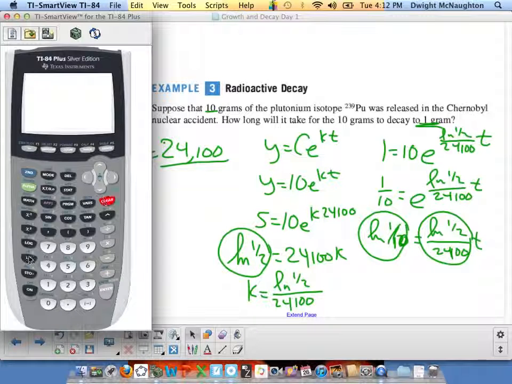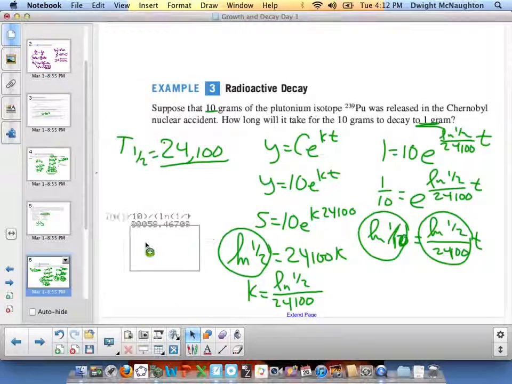So the natural log of 1/10 divided by, I'm going to group that other side, natural log of 1/2 divided by 24,100. And we see it'll take 80,000 years. 80,000 years for 10 grams to become 1 gram because the rate of decay is so slow. Half-life is so high.